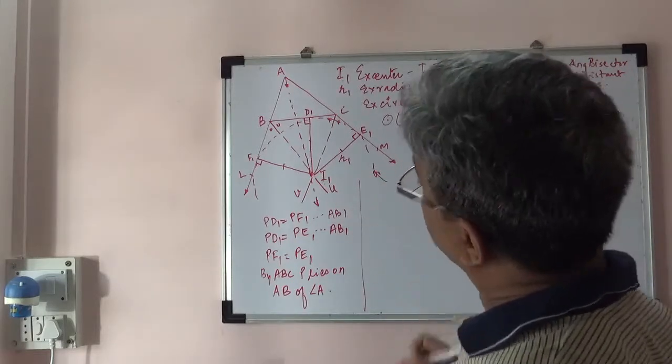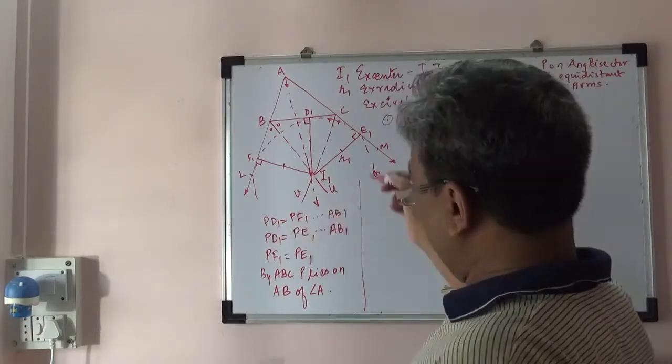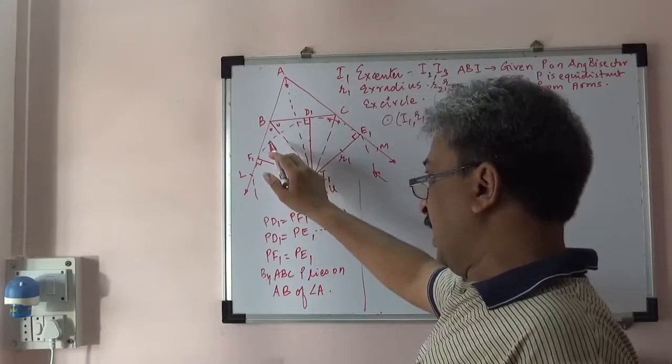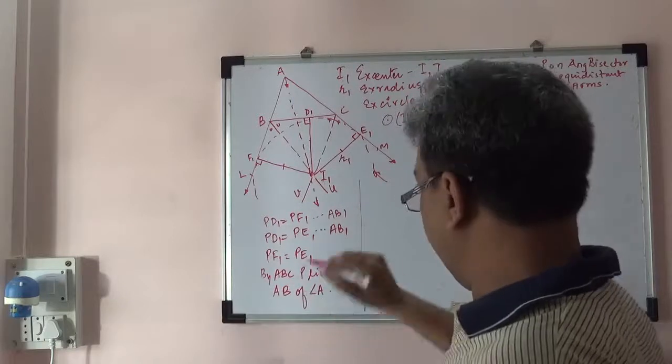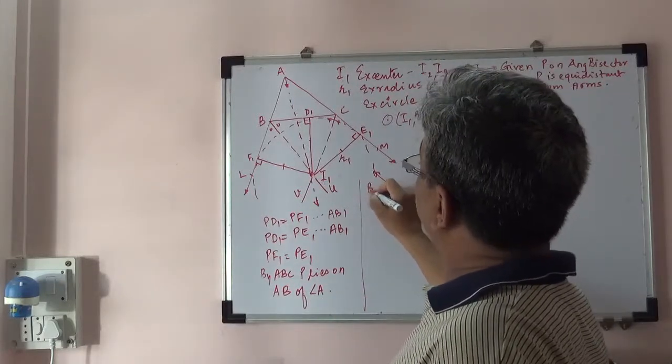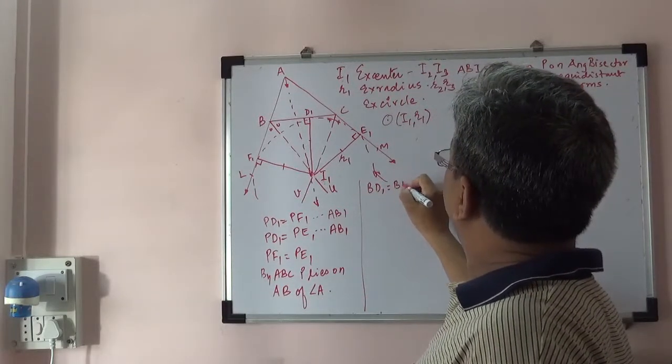By that same proof, by RHS or SAA, we can prove these two triangles congruent, and hence we get BD1 is equal to BF1.